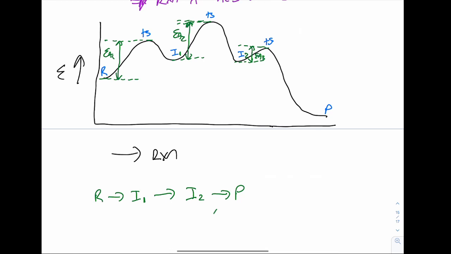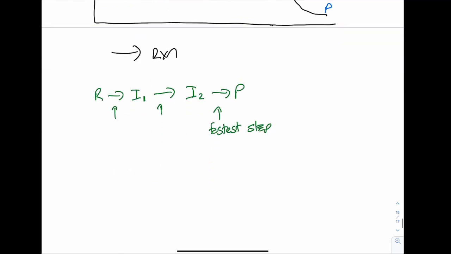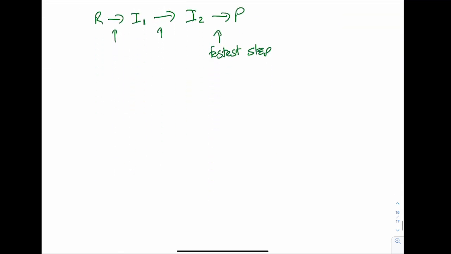And we know that this is my fastest step. We know that these are pretty similar. Let's actually do one more. I said I would save kinetics, but I do want to do one more kinetics related thing.